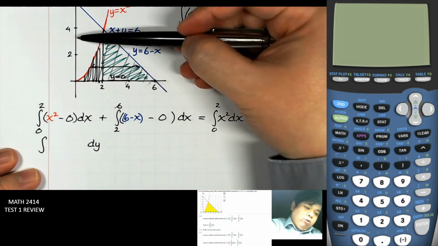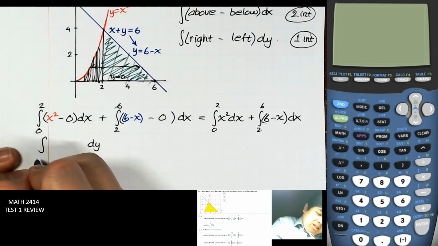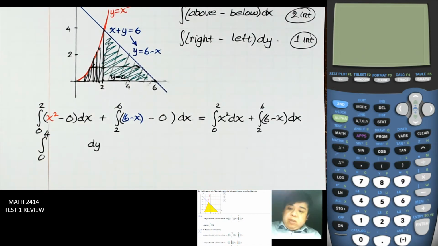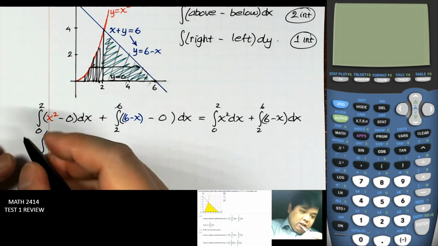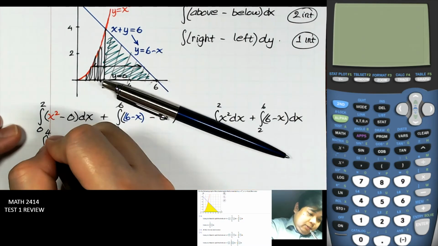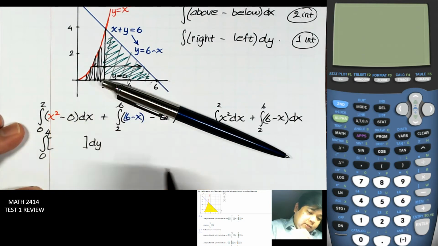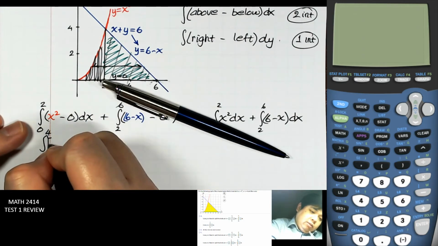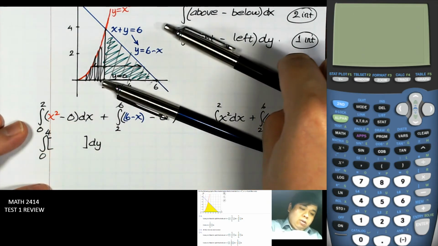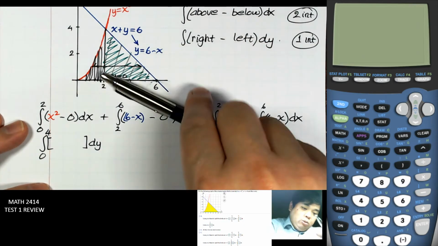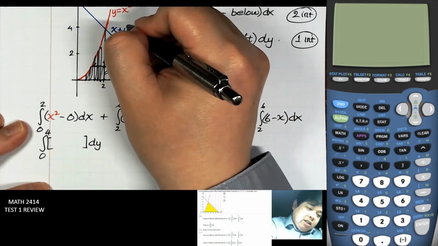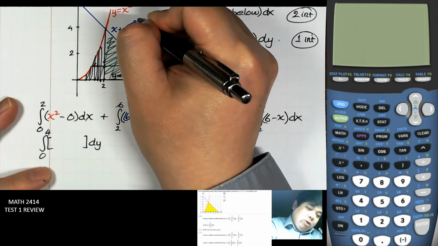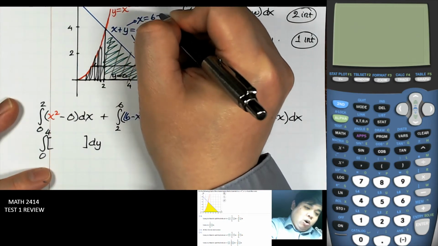And y goes from 0 to 4 on the y-axis. Right, the function on the right, y equal to 6 minus x. Now we solve for x. This function can also be written as x equal to 6 minus y.